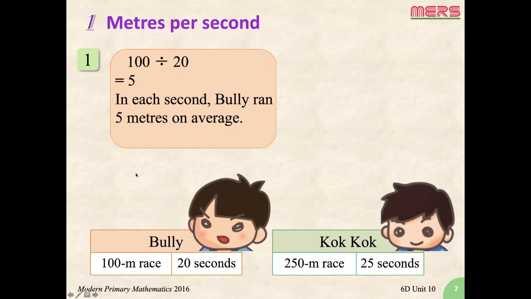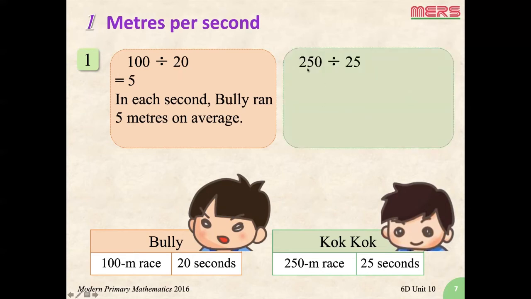For the first second, 5 meters, for the second, another 5 meters, so altogether 10 meters. After 20 seconds, he finished the 100-meter race. So we say Bully ran 5 meters per second on average. Now let's see Coco.